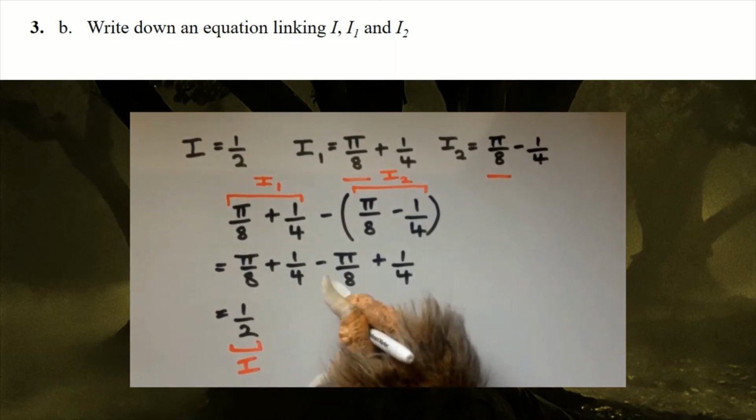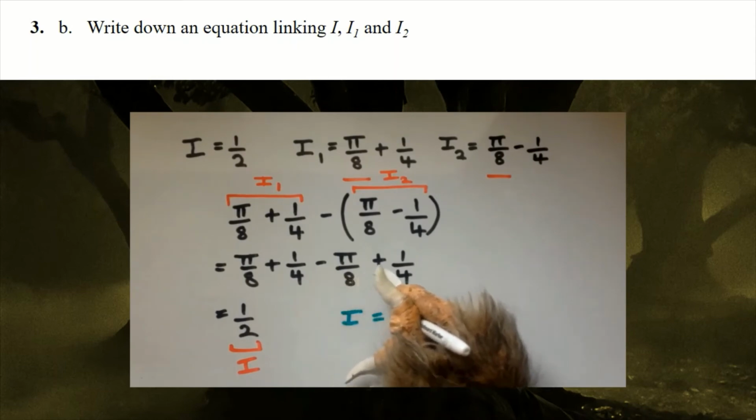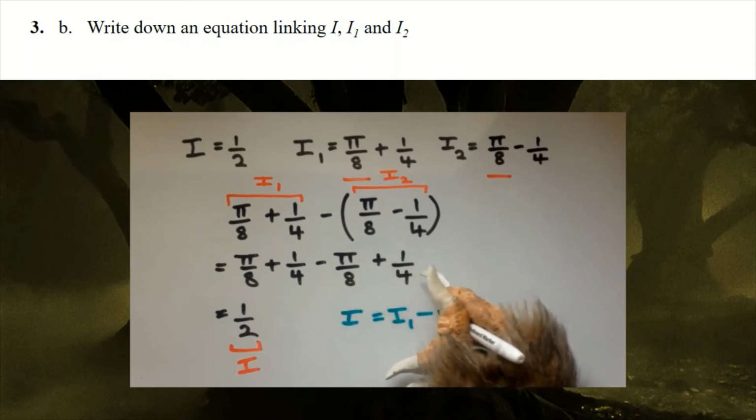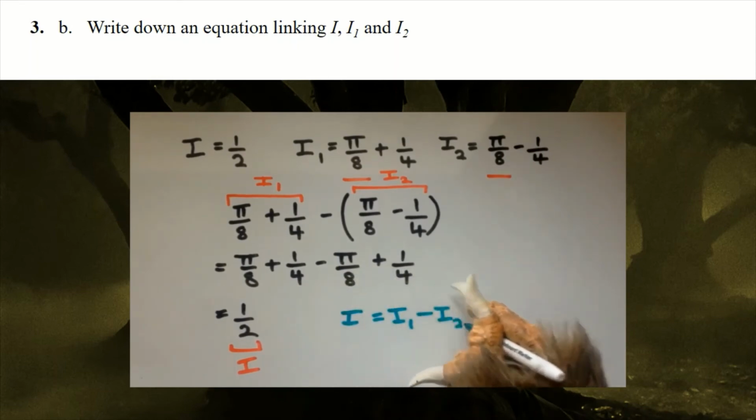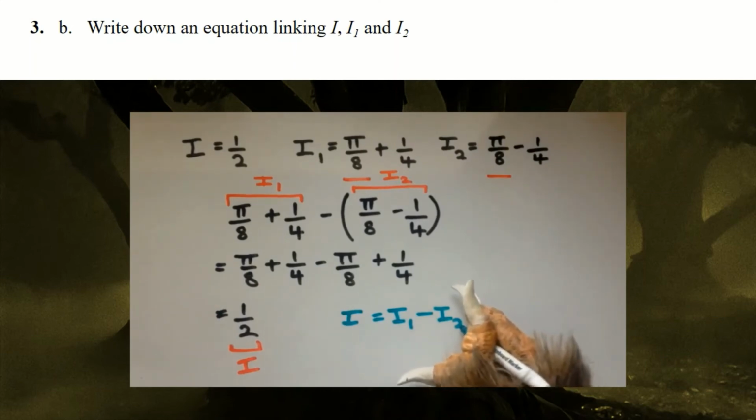So we're going to get I is going to equal I1 subtract I2. I may have laboured that a little bit, but just playing around with the numbers, you'll get there eventually.